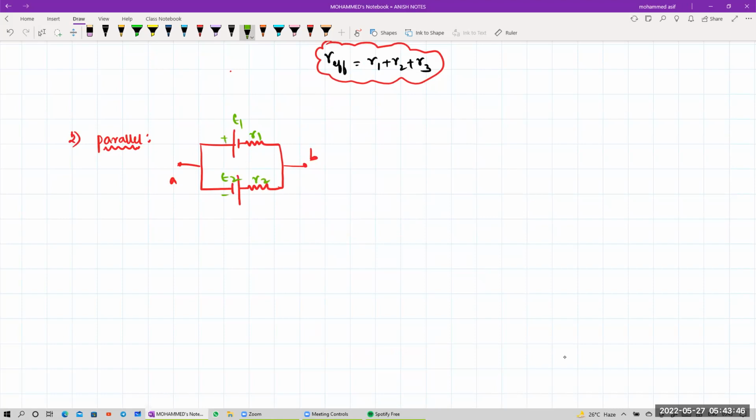Positive is connected to negative and this positive is connected to this negative. This can be redrawn with one single cell of EMF, something like this. This is the terminal A, this is your terminal B, this is your E equivalent, this is your R equivalent.